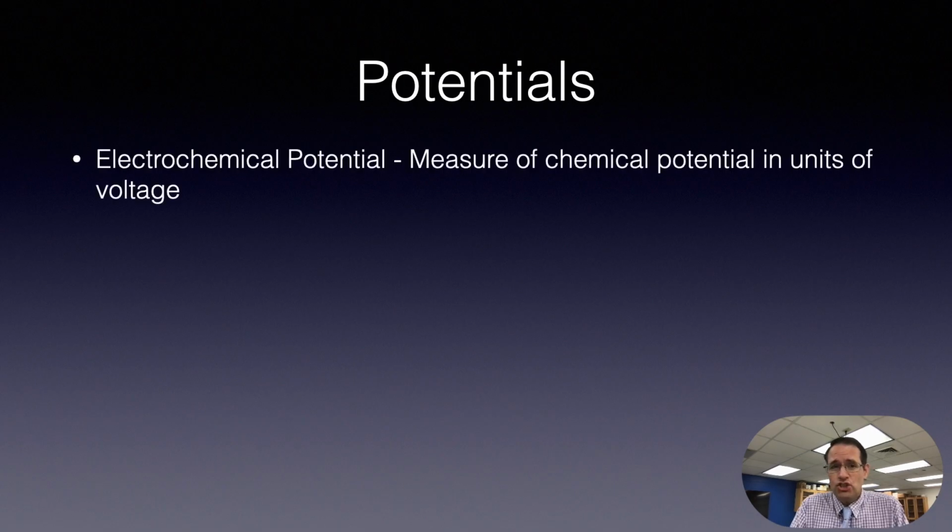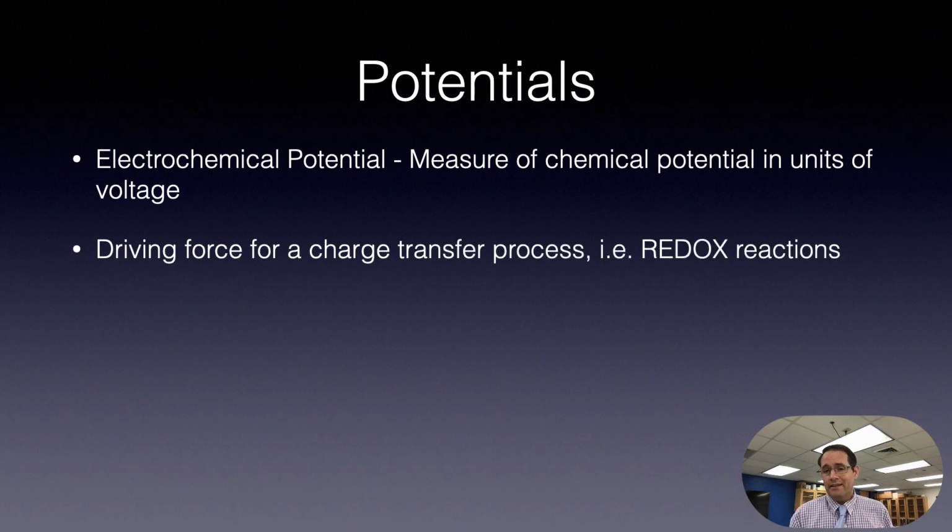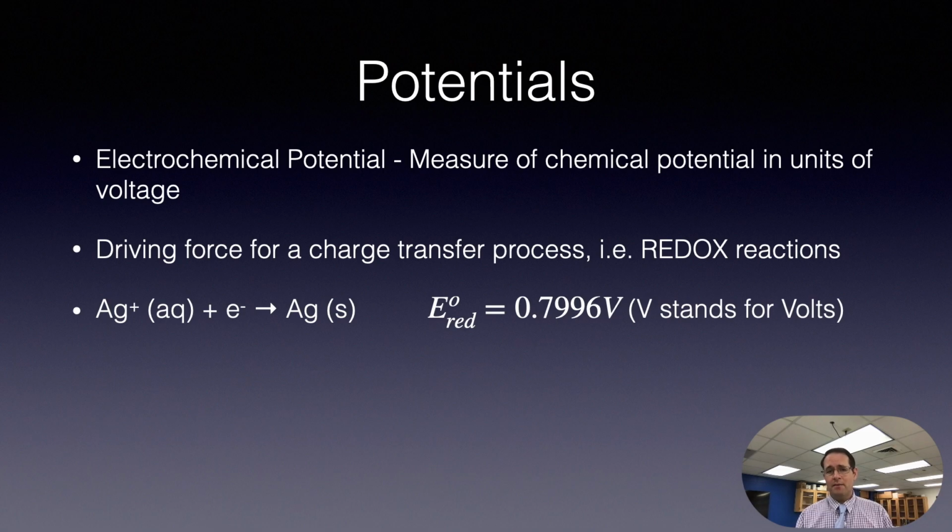All right, so let's talk about potentials. A potential, or an electrochemical potential, is simply a measure of the chemical potential in units of voltage. Another way to think about this is that it's a driving force for a charge transfer process. And of course, we're talking about a redox reaction. So if you look at this chemical reaction here, we have silver ion, which is aqueous, reacting with an electron to produce solid silver.